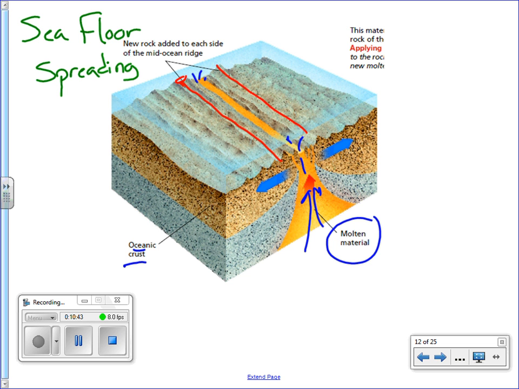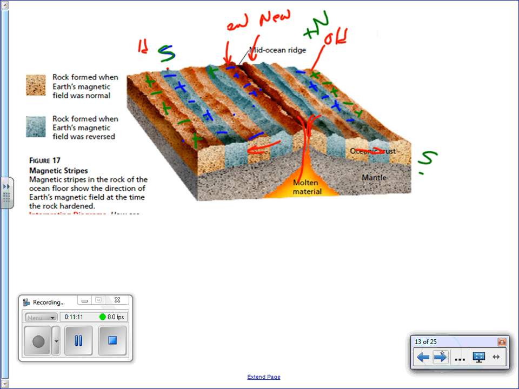And they can date it using radioactive dating. This sample and this sample are the same age, which suggests they were pushed away from the center at the same rate. And similarly, they can look at things farther away, whatever distance, however many miles, and again, date it, and it does confirm that they are the same age at the same distance. So this is one piece of evidence that supports this.